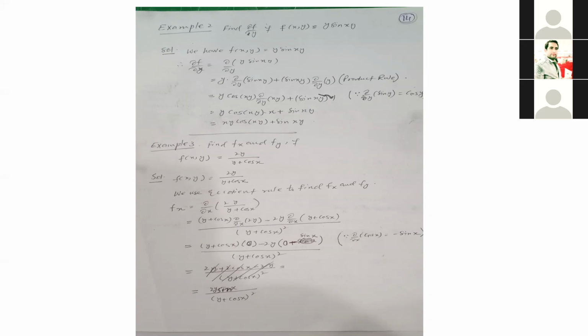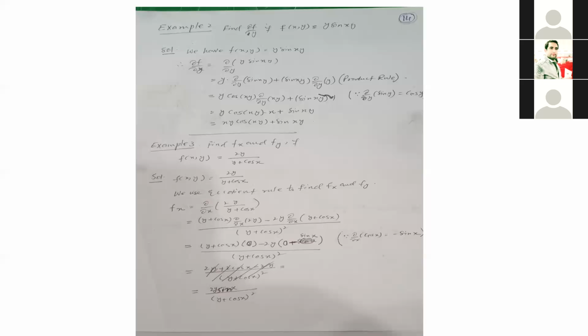In the margin, you see that derivative of sine y with respect to y is cos y. Now you are left with y cos xy, keeping x as constant, x times derivative of y, which is equal to x plus sine xy, and you are left with, it's a simple example.